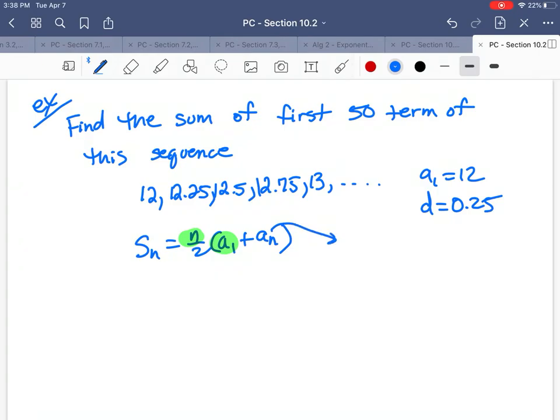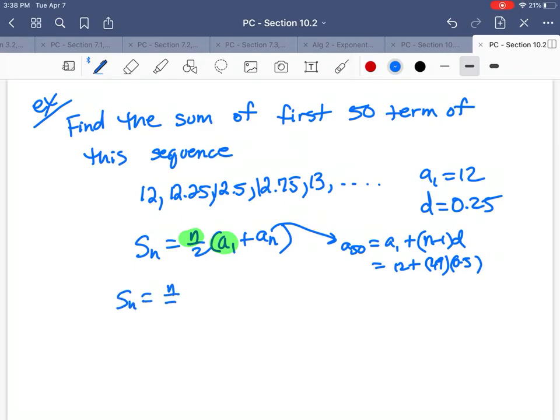If you wanted to, you could find the 50th term. The 50th term is a1 plus n minus 1 times d. I would do a1, which is 12, plus 50 minus 1, which is 49, times d, which is 0.25 here. You could do it that way. Or you could change your formula to this.